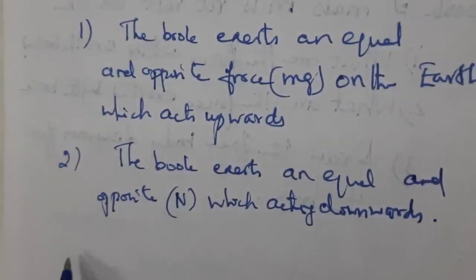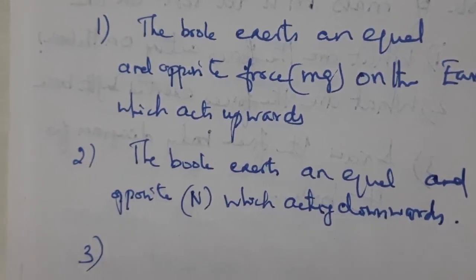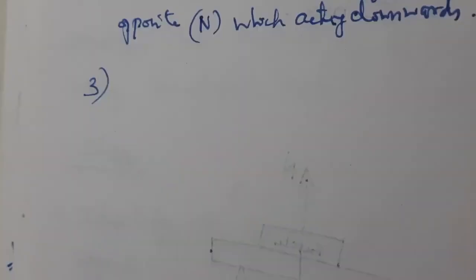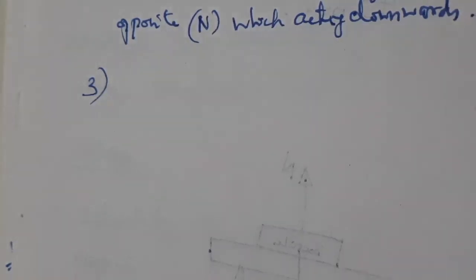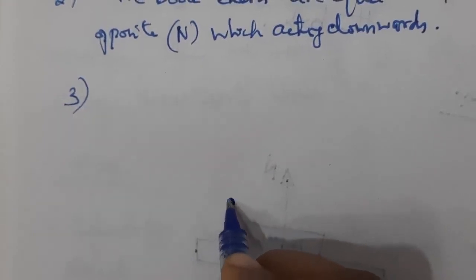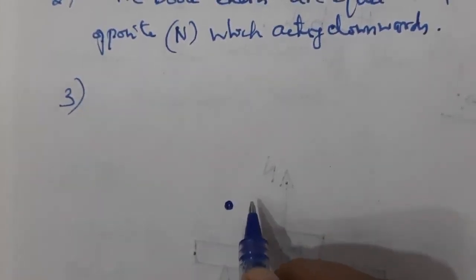Then the third question is, draw the free body diagram. How to draw? The first step is to identify the forces. We have identified the gravitational force and the normal force. The second step is to represent the object as a point. Here the book is the object, so we can represent it as a point.